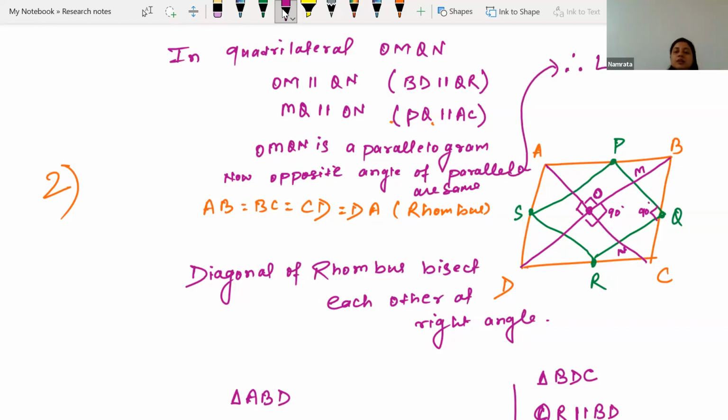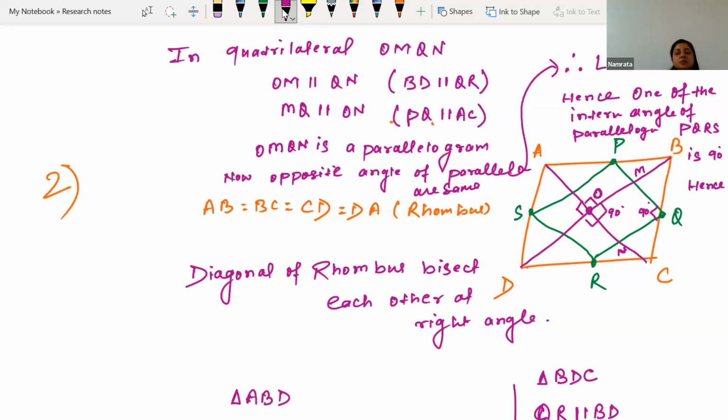Therefore, angle MQN will be 90, and hence one of the interior angles of the parallelogram PQRS is 90 degrees, hence PQRS is a rectangle.